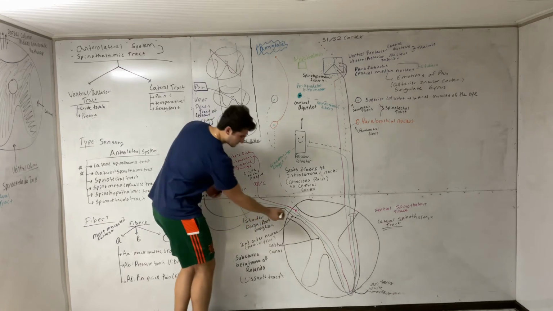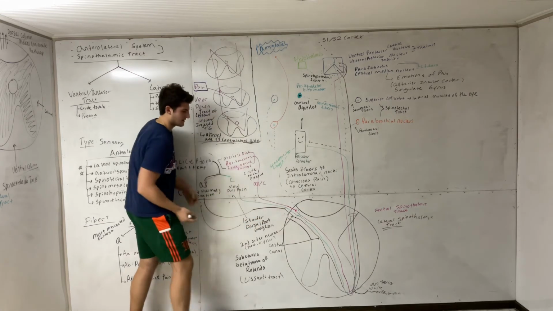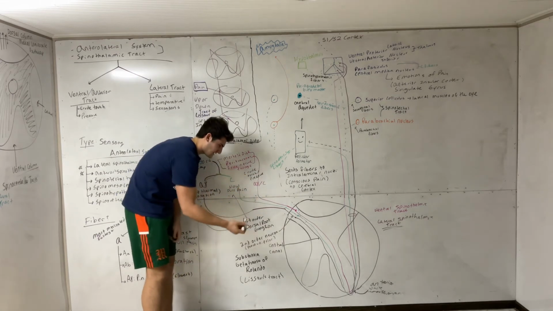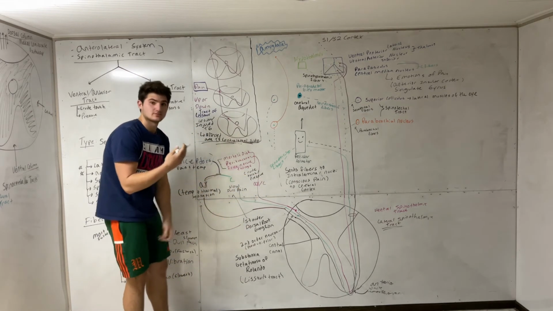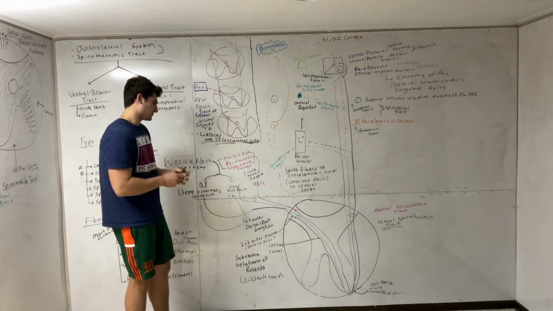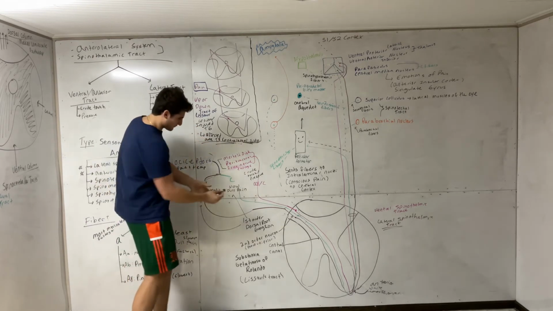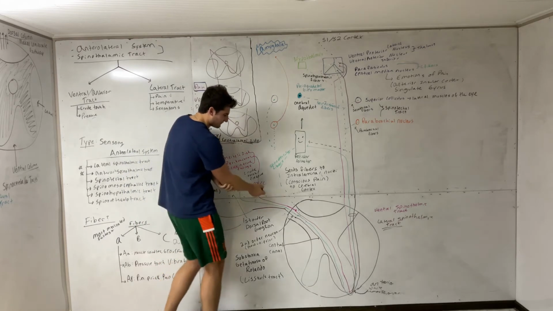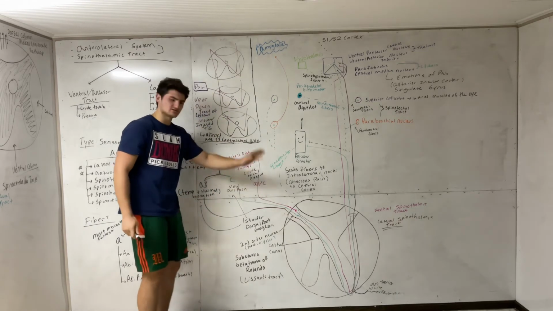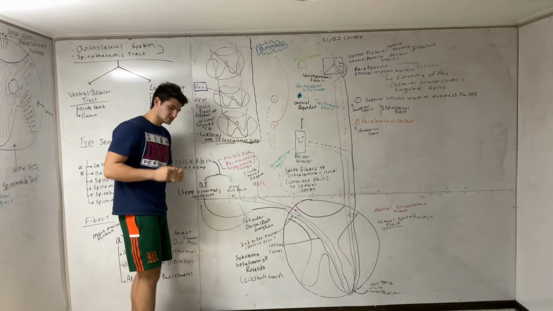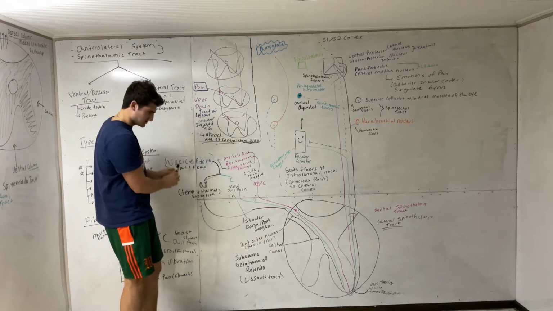But just so you know, the roots come out, and the dorsal ganglion is where the first order neuron occurs. Now, that's going to be the same thing for the C fibers. I know that was a lot at one time, but just bear with me here.